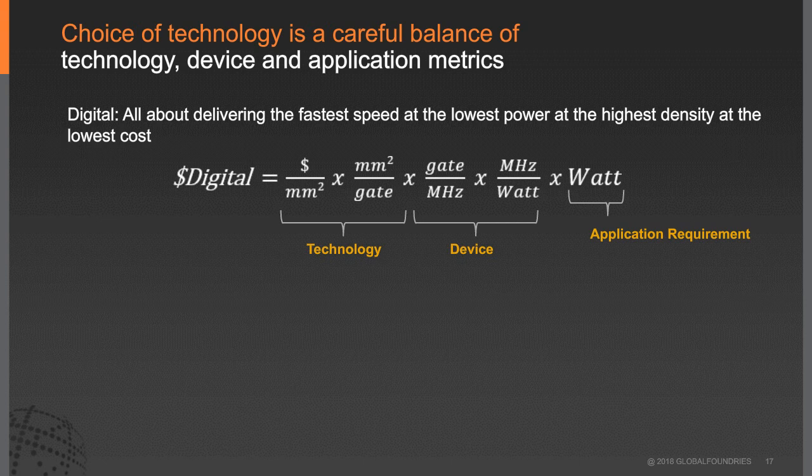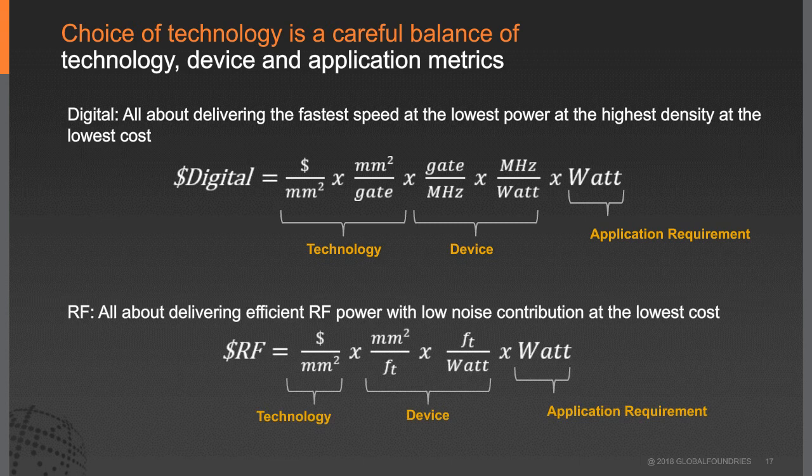So for digital, you're looking at delivering the fastest speed and the lowest power at the highest density at the lowest cost. So it's all about scaling. You want to get the lowest power at the highest density at the lowest cost. So that's digital for you. However, for RF, the metric is different. It's all about delivering efficient RF power with low noise contribution at the lowest cost.